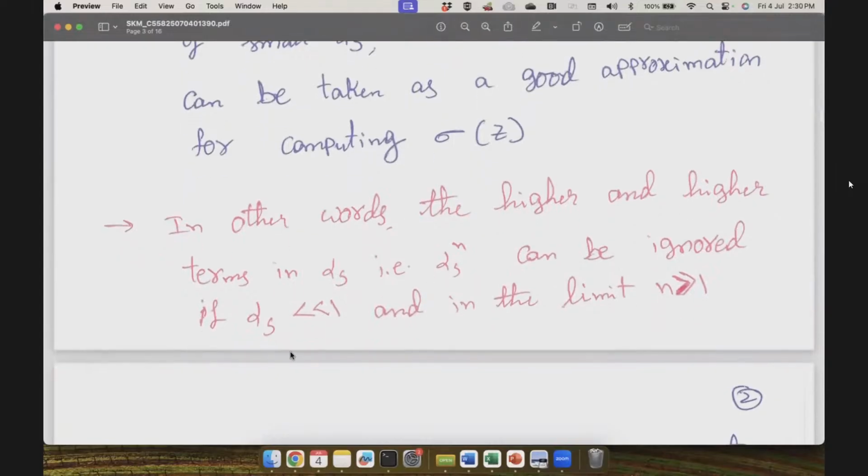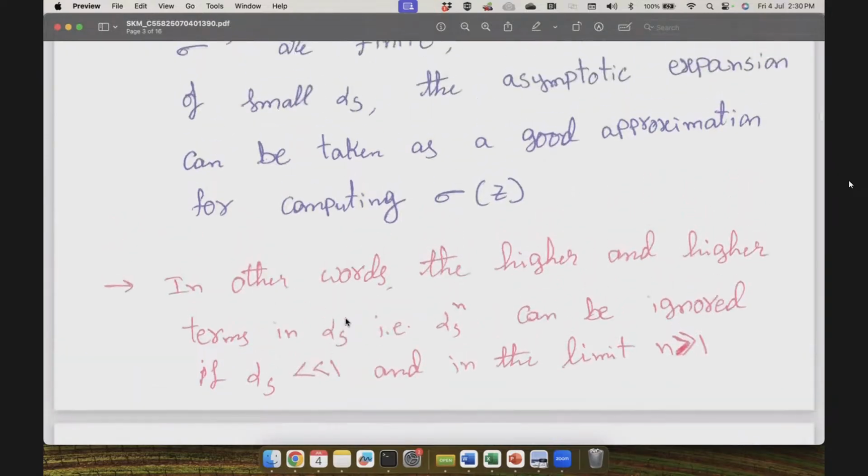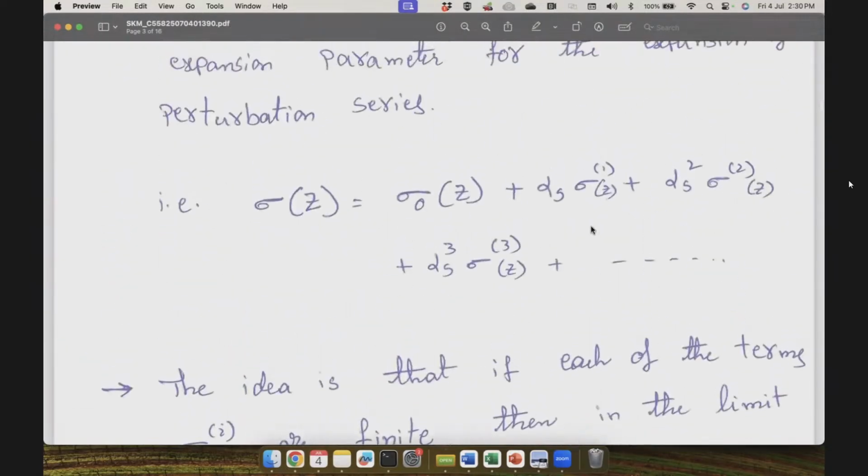And this is true provided the expansion parameter is really small. Had it been very large, then we cannot do it. This also fails in the limit where any one of the corrections is very large. In other words, if alpha s times this, or any combination like alpha s square times sigma 2, becomes comparable to 1, then it fails.